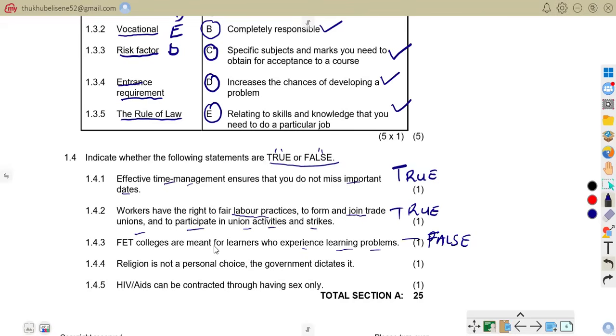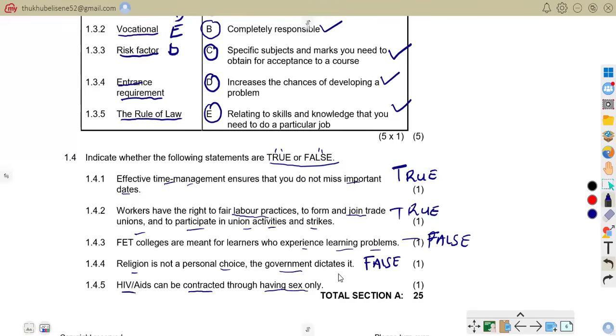So that is that. 1.4.4, religion is not a personal choice, the government dictates it. This is false as well. As you know, religion is a personal choice. In most countries, people have freedom to choose or change their religion. So this is false.